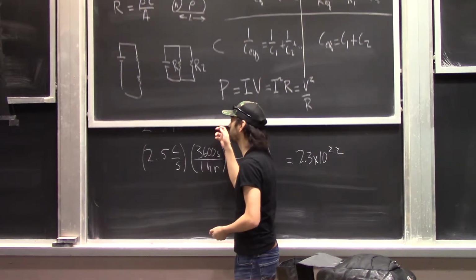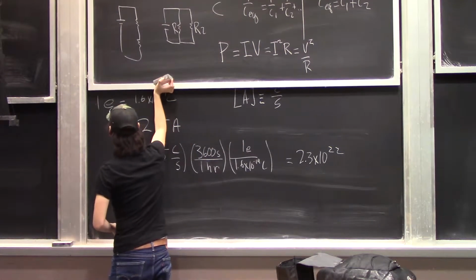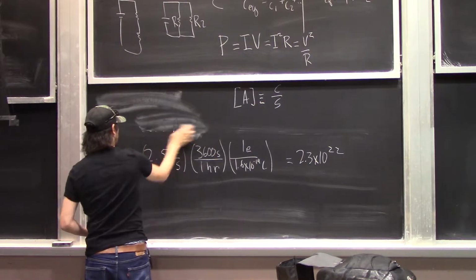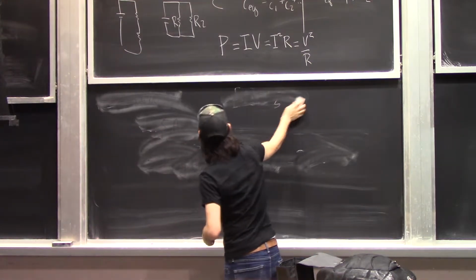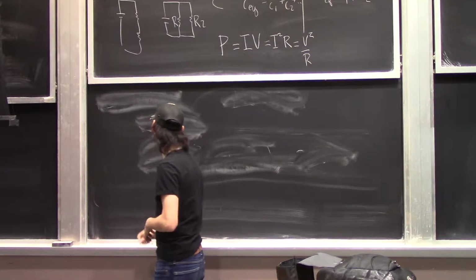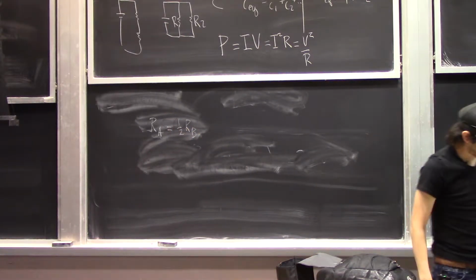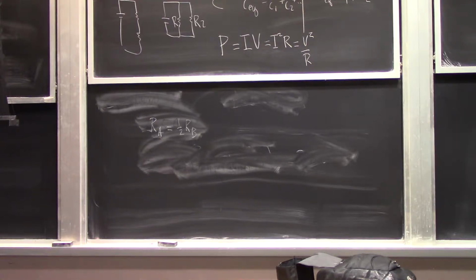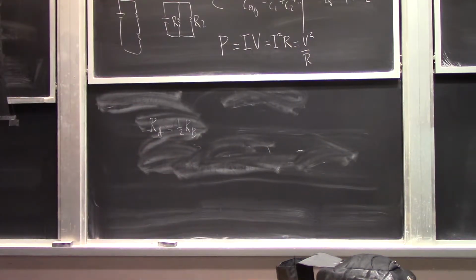We're told for these two resistors that the cross-sectional area of resistor A is twice the cross-sectional area of resistor B. From that, we can infer that the resistance of A, RA, is going to be half the resistance of B. Now, with these resistances established, we can work out the current through each resistor, because we connect this to some voltage, and it's the same voltage across both of them.